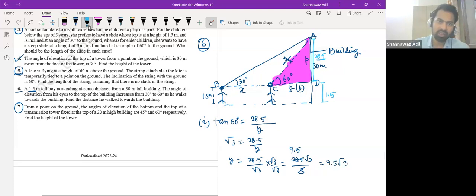Now we have got this distance, this is 9.5. Now we have to use the bigger triangle, right?